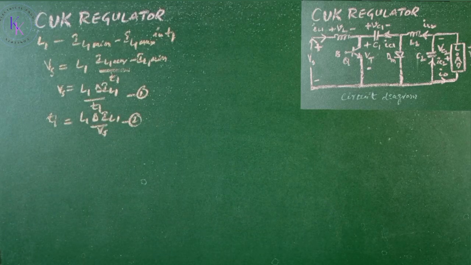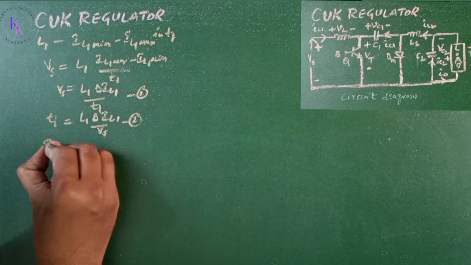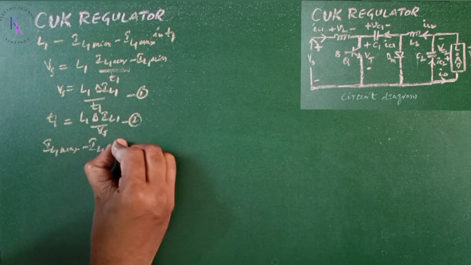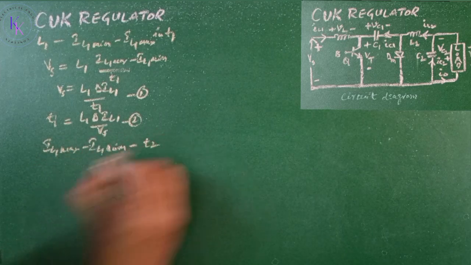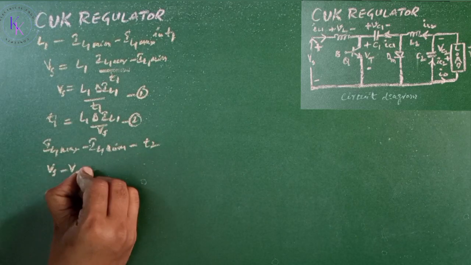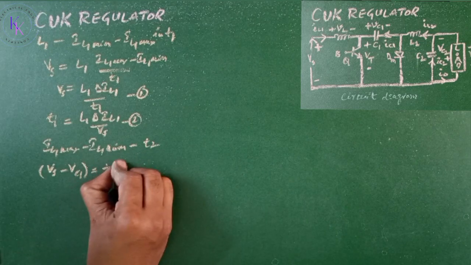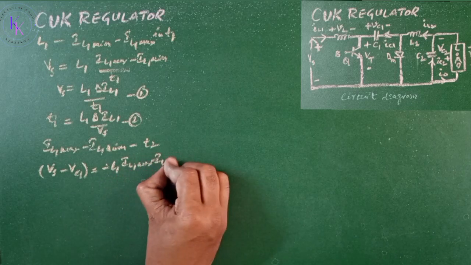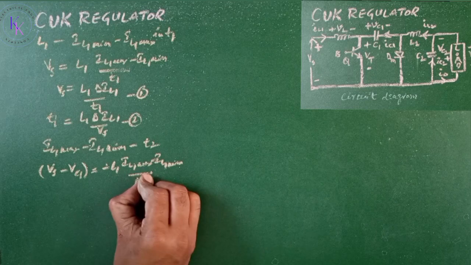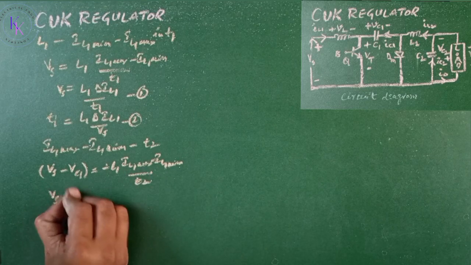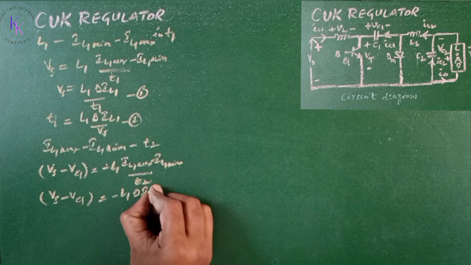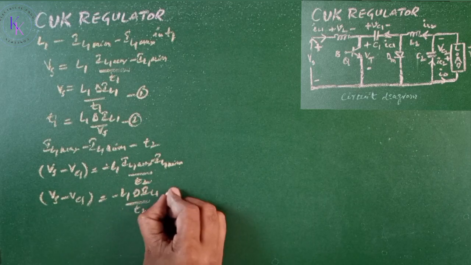Due to the charged capacitor C1, the current of L1 falls linearly from I L1 max to I L1 minimum during the time t2. Then Vs minus Vc1 equals minus L1 times (I L1 max minus I L1 minimum) divided by t2, from which Vs minus Vc1 equals minus L1 delta I L1 divided by t2, that is equation number 3.